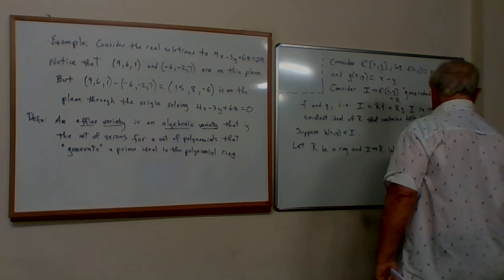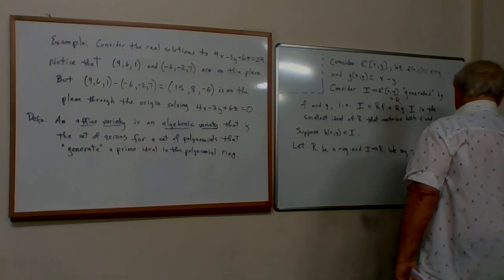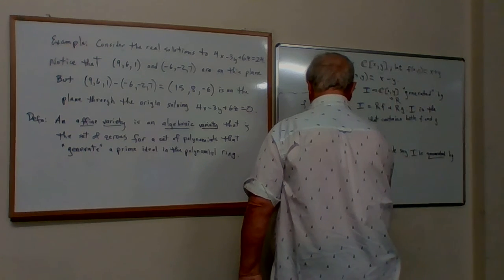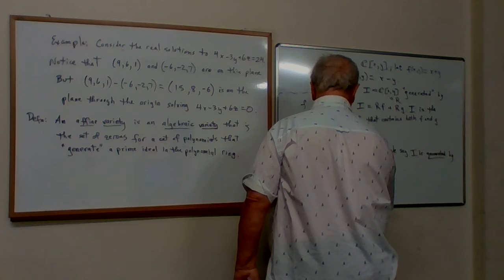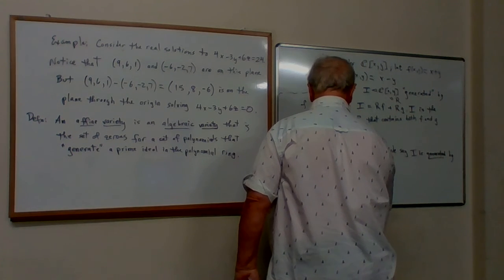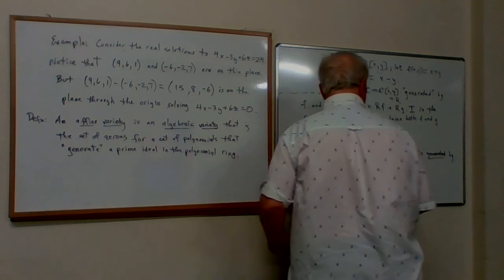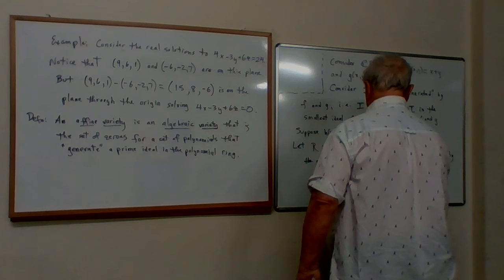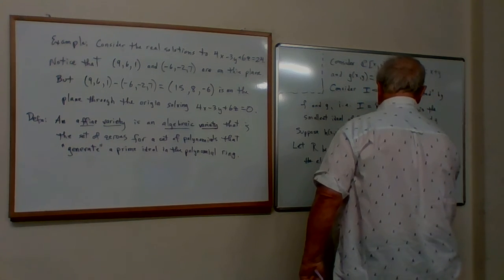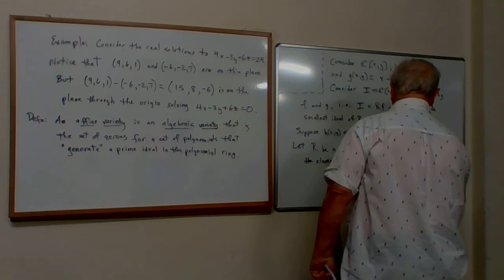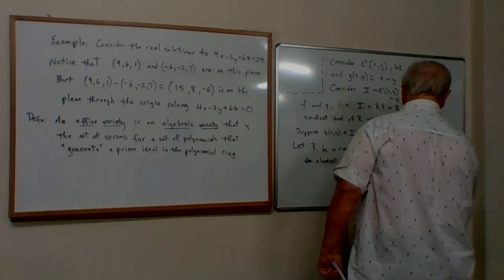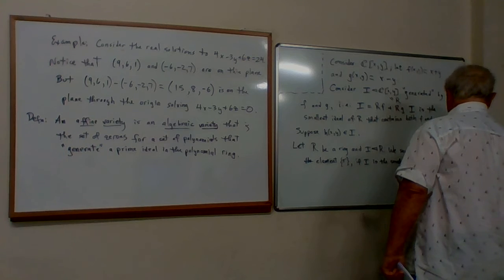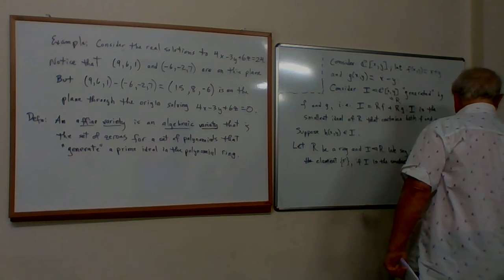We say I is generated by the element r if I is the smallest ideal containing the element r.